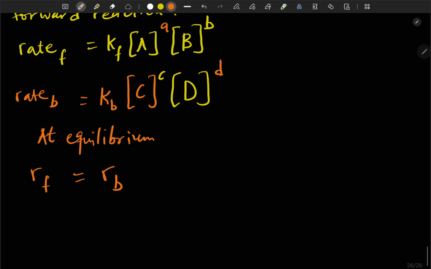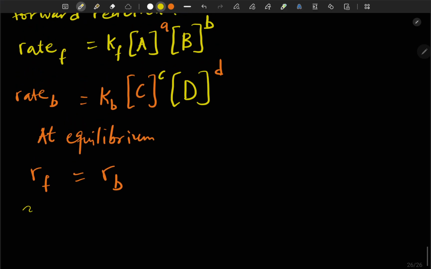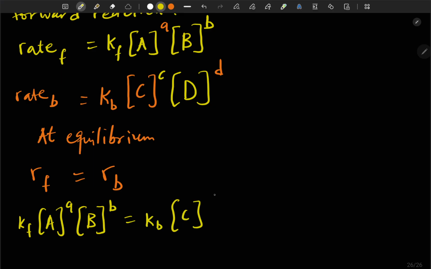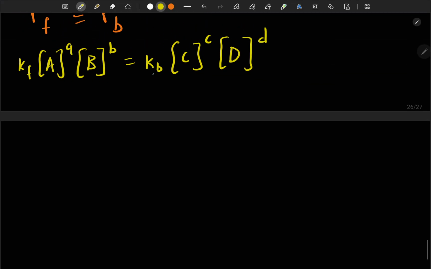So if the rate of forward reaction is equal to the rate of backward reaction, then we can say that Kf times concentration of A raised to power a multiplied by concentration of B raised to power b is equal to Kb multiplied by concentration of C raised to power c multiplied by concentration of D raised to power d.